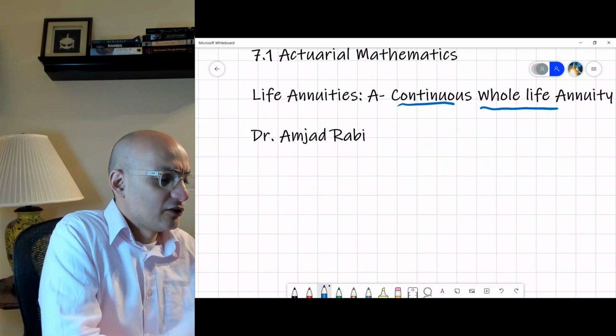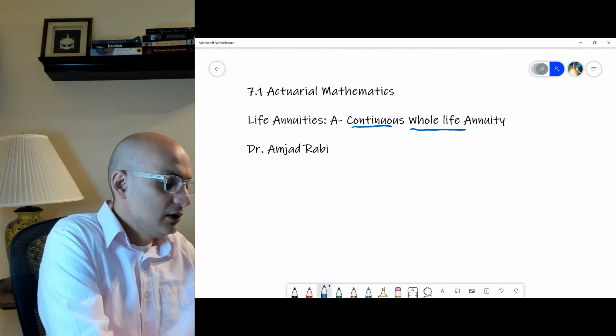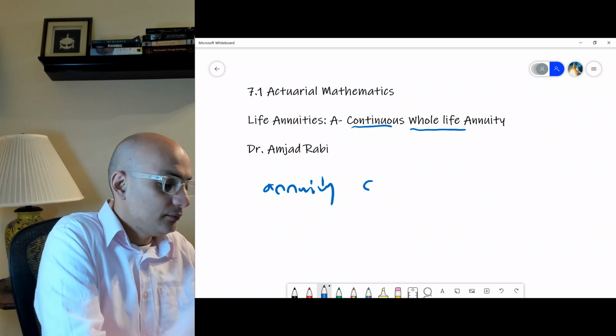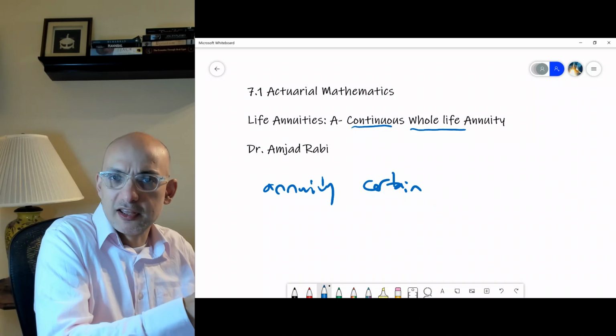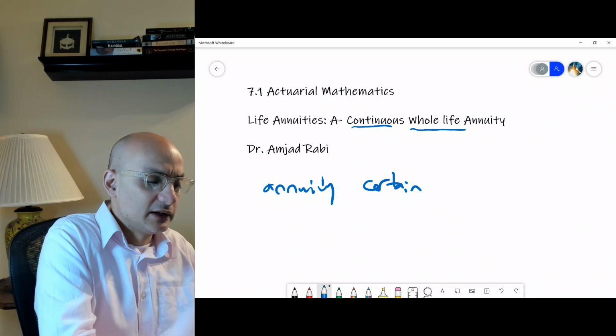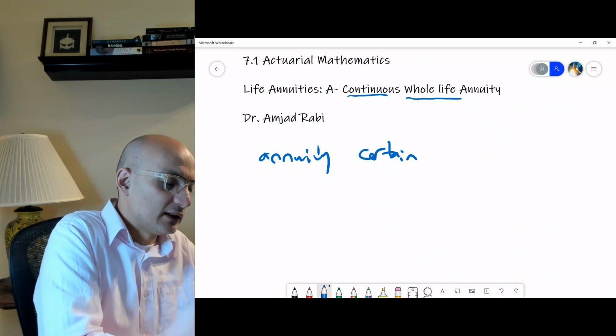So let's go back to interest theory. Remember, in interest theory we looked at annuity certain, and when we say certain, it will give you the money certainly, regardless of death or life. The annuity certain is a series of payments.